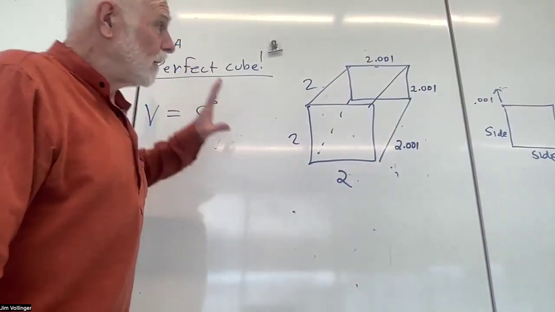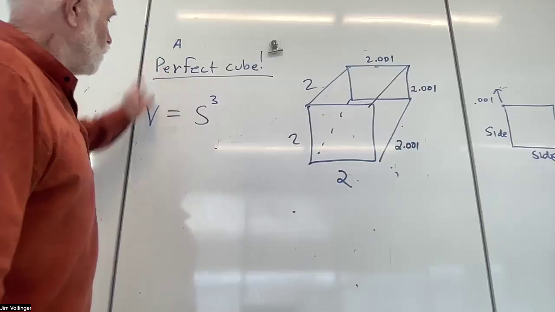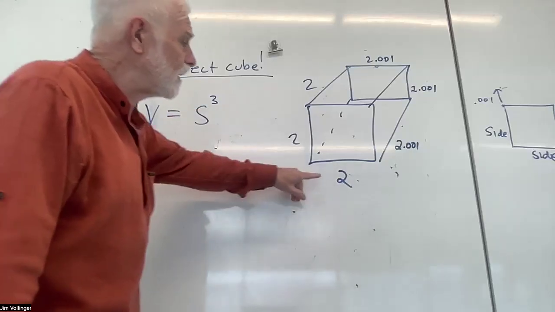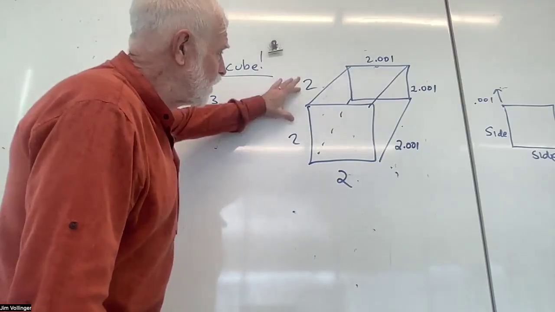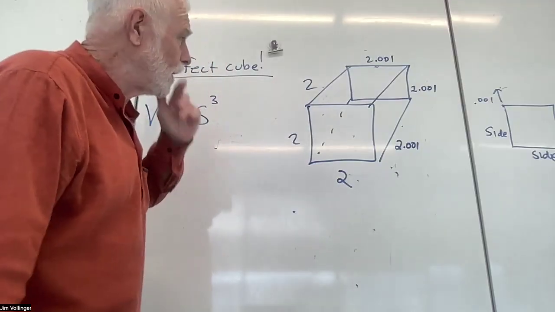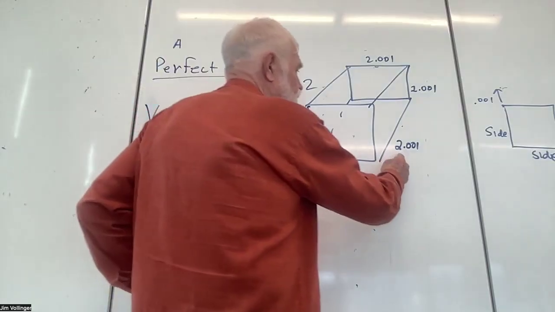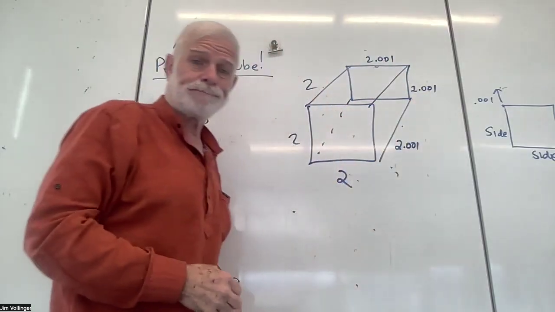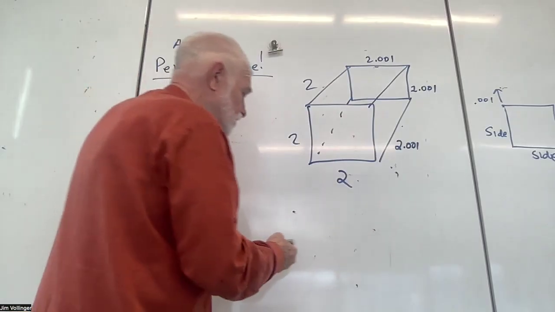All right, so here is a cube, a perfect cube, volume equals side cubed, side times side times side. And I don't know how to depict this, but I started with a 2 by 2 by 2, and then we're going to increase it to a 2.001 by 2.001 by 2.001. And I happen to know what those are.